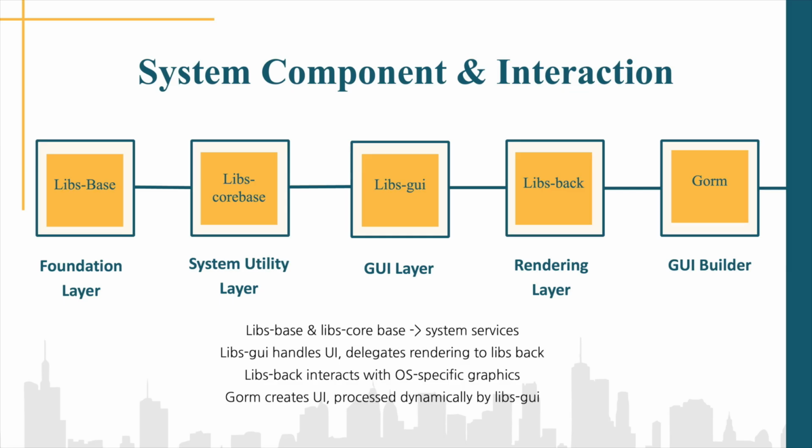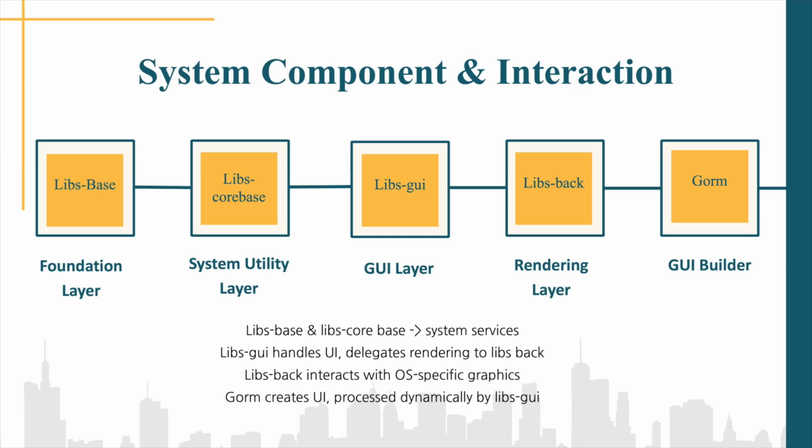Now, let's look at the libs-corebase and GORM more specifically. Libs-corebase provides an interface for Objective-C programs to interact with the system services in order to promote performance and portability across platforms. And GORM is a graphical GUI design application.